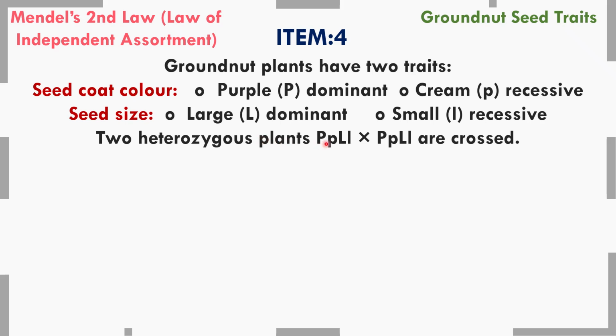Two heterozygous parents, capital P small p, capital L small l, are crossed with capital P small p, capital L small l.